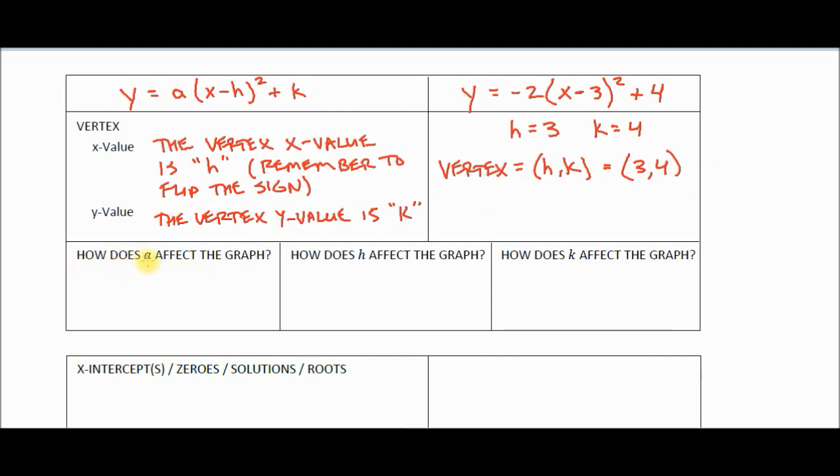How does the value of the parameter a affect the graph? The good news is it affects the graph exactly the same as it affects the graph in standard form and in intercept form. So a positive a, the parabola opens up.